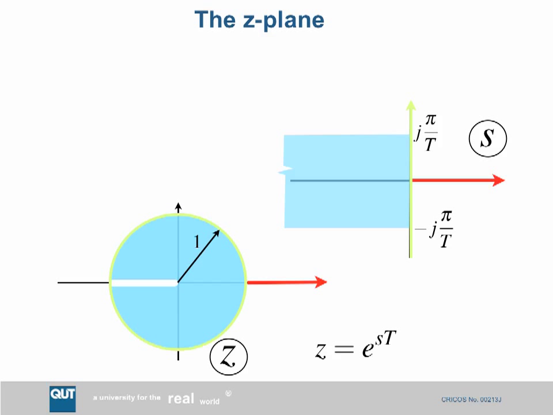That's how the blue bit gets mapped. That's how the outside of the strip gets mapped. And if I consider a pole that's here in the S-plane, we can map it to there in the Z-plane, but so do all those places upwards forever. They all get mapped to that one dot in the Z-plane. Really important to remember this.